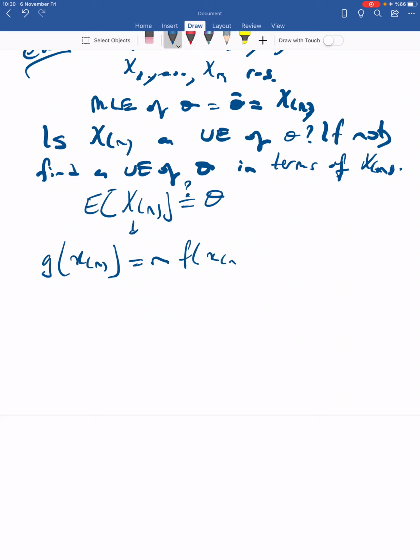There's a formula, remember? We have different approaches to find this one. The easiest one for me is the CDF approach. The definition of the CDF is the probability that Xn, the maximum value, is less than or equal to some lowercase xn.